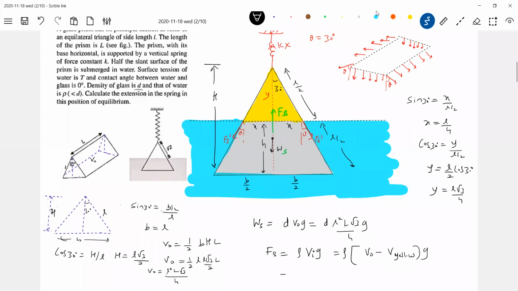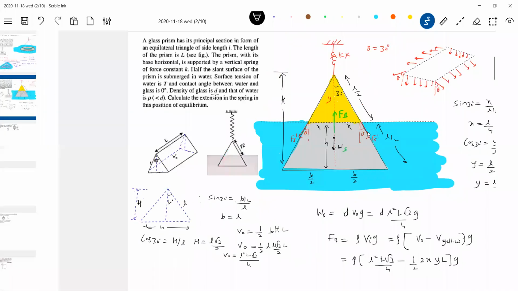First, V naught, we know it. Rho V immersed. V naught is how much? L square into L root 3 by 4 minus. What is the volume of yellow color? Again, what is the volume of prism? Half into base length, which is 2x, height is y, and the edge length is L, into g.